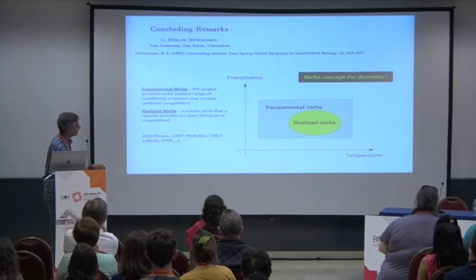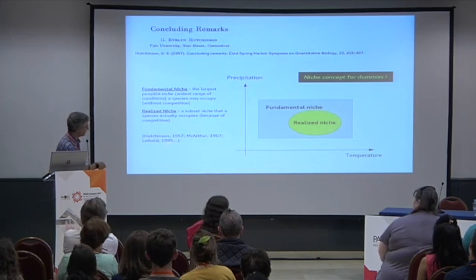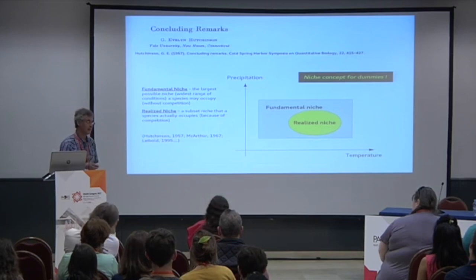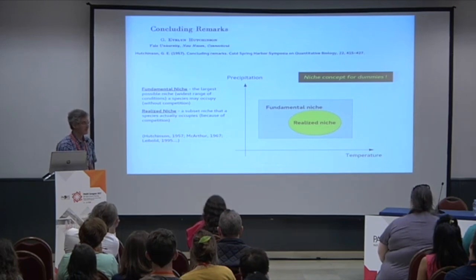So this concept has been used by ecologists for many years until late 2000, the last 15 years. And then came the computer era and computer time and statistics and so on.